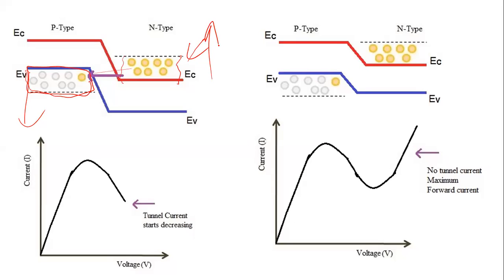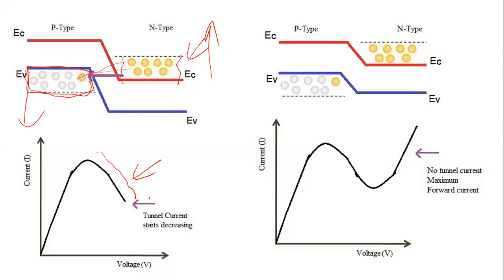So when such misalignment occurs, the number of free electrons which tunnel across the p-n junction will decrease, and then eventually you have this region where the tunneling current decreases, right?